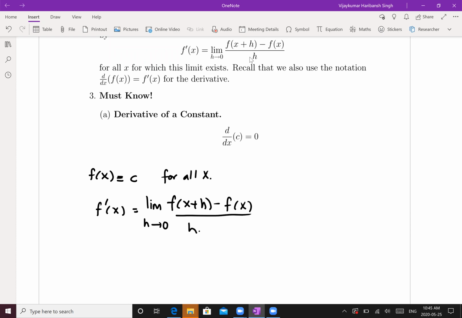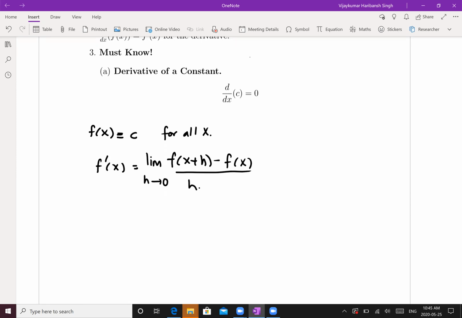This is your definition of derivative. Now, if a function is a constant function, no matter what your input is, the output is going to be constant.